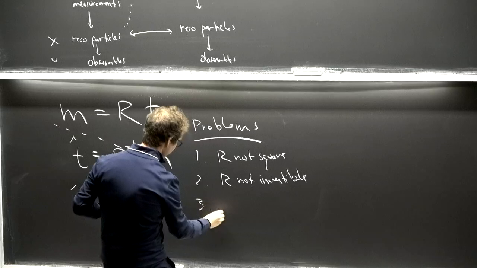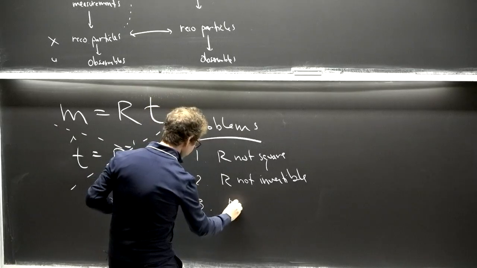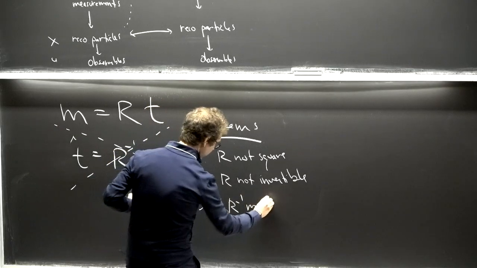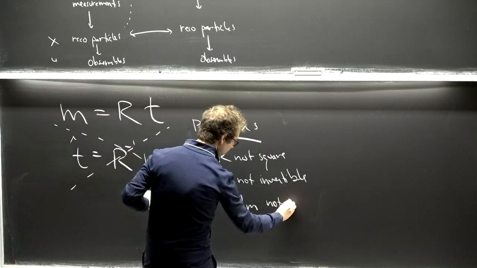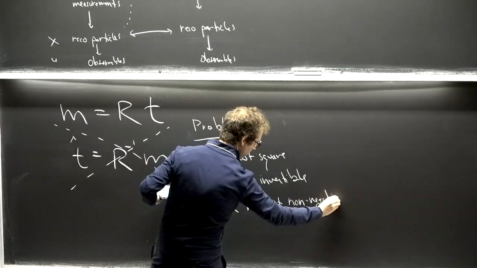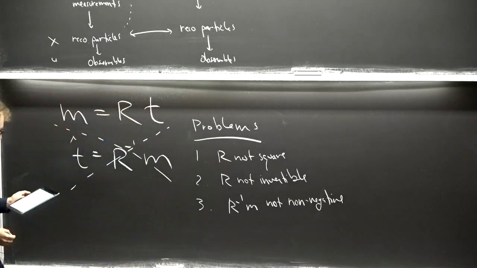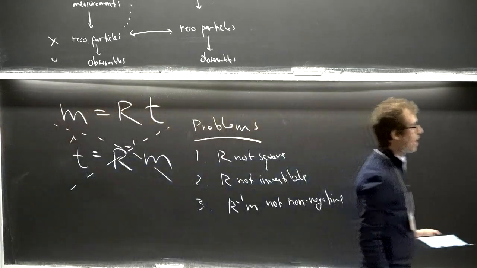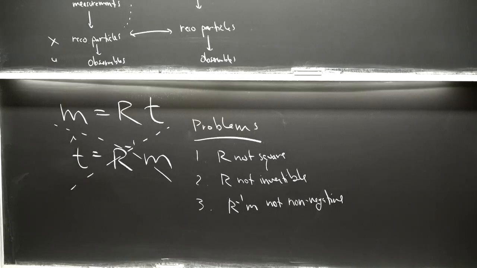And I want R inverse M non-negative. Okay. So we want to instead get around that, and we do that with regularized matrix inversion. So let me write down a revised solution.